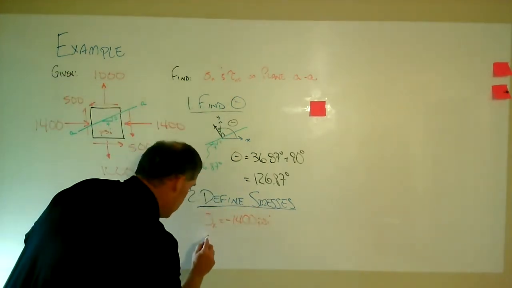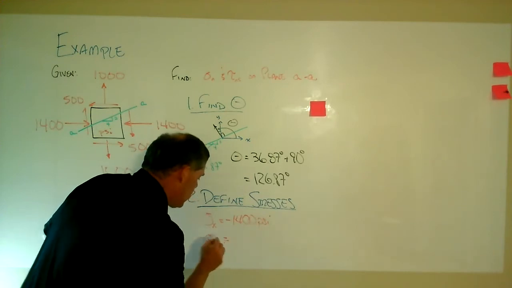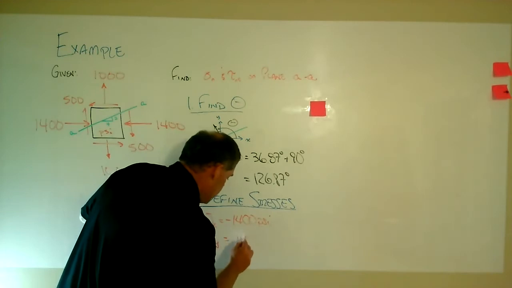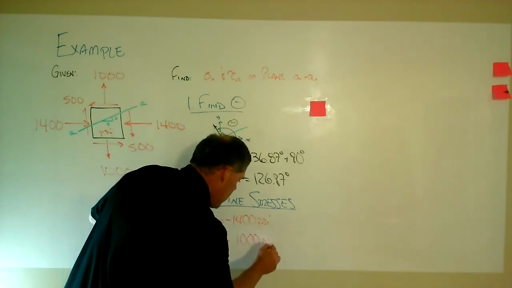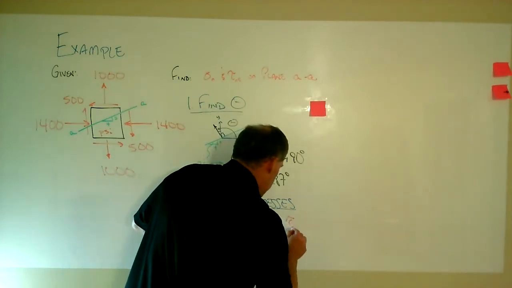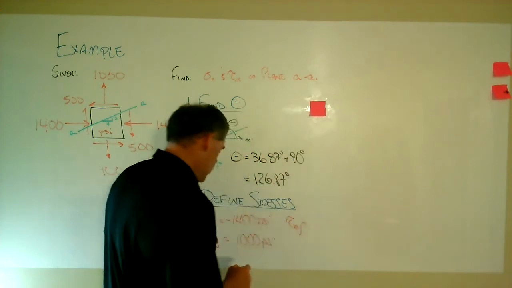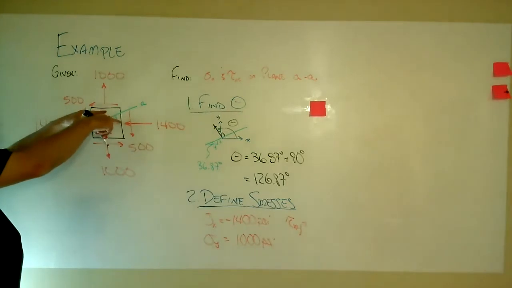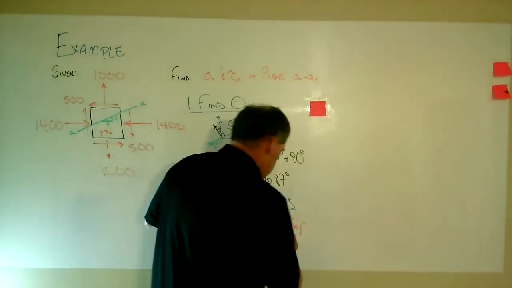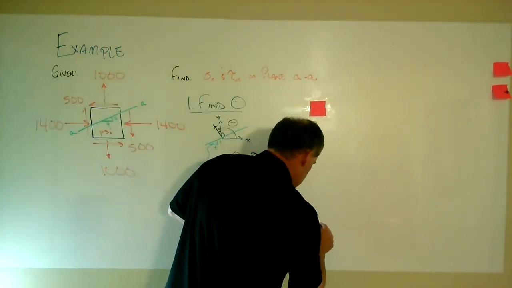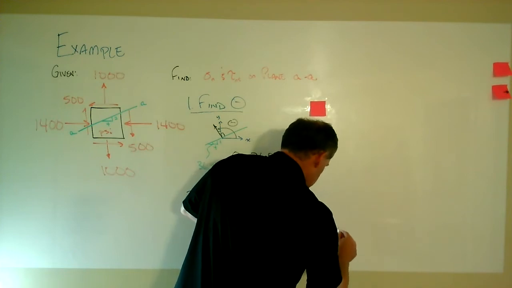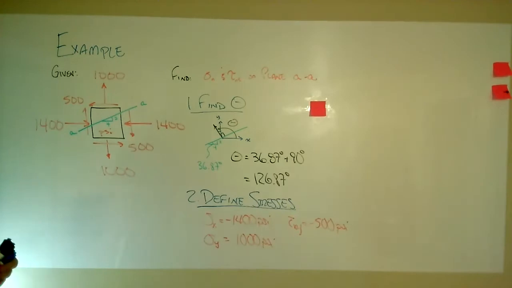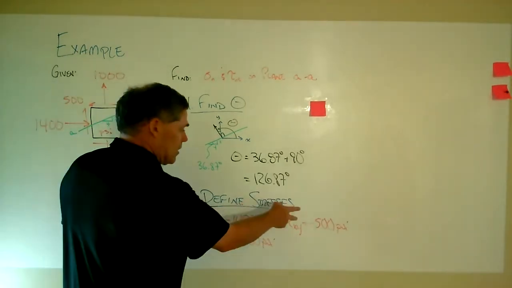Sigma y, going in a tensile direction, is then a plus 1000 psi. And then tau xy is 500, and it's going in the opposite direction of the positive shear stress sign convention. So it's a minus 500 psi.